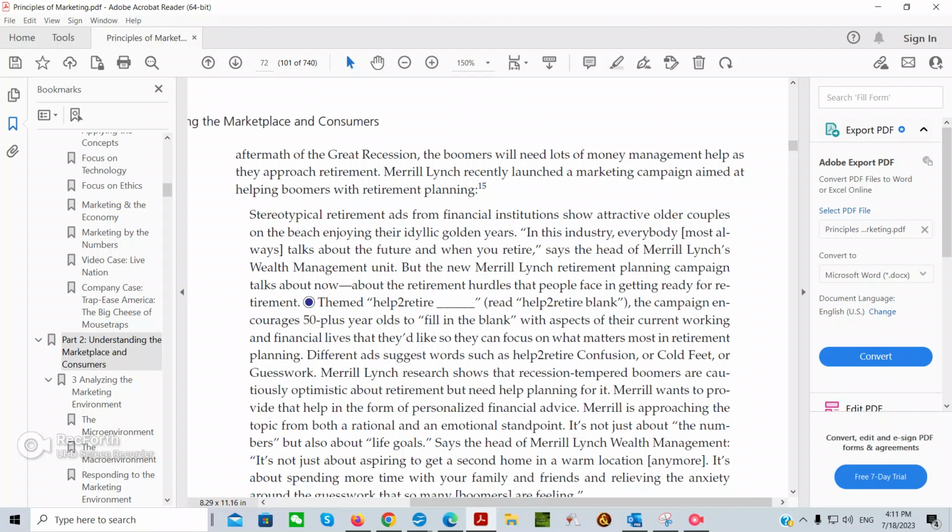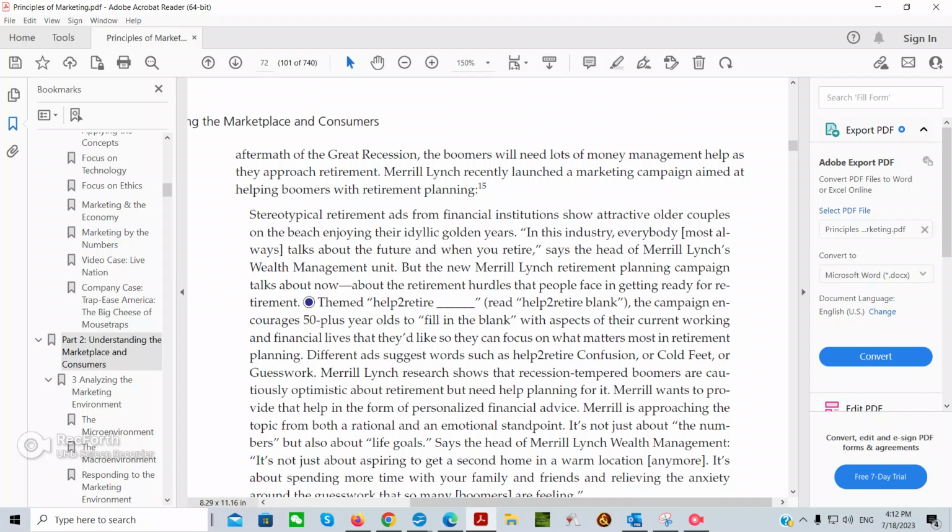It's a space in quotes, and it reads "Help to retire blank." The campaign encourages 50-plus-year-olds to fill in the blank with aspects of their current working and financial lives that they'd like to change, so they can focus on what matters in retirement planning.